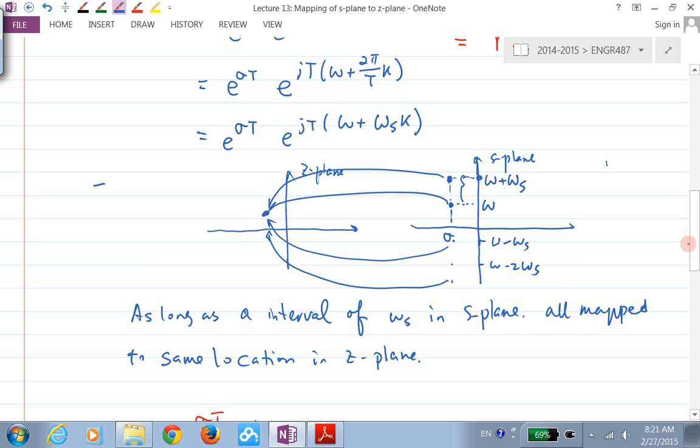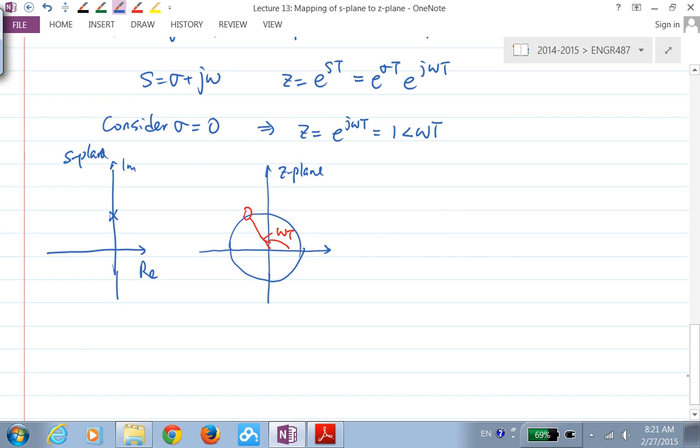So let's consider we are moving from negative j omega s over 2 to a positive j omega s over 2.